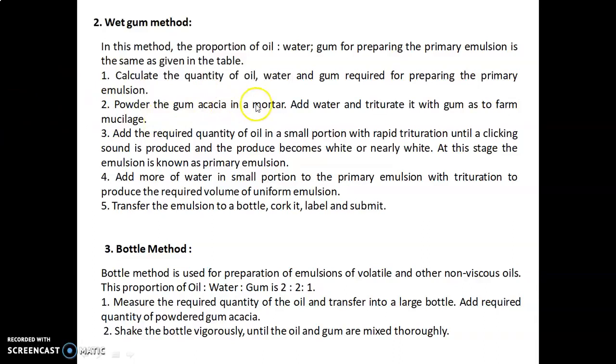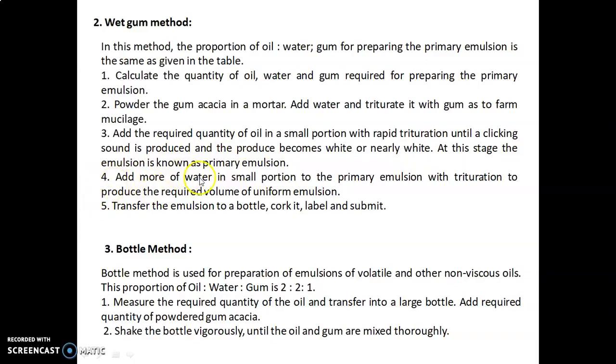Then powder the gum acacia in a mortar, add water and triturate with the gum to form mucilage. Third, add the required quantity of oil in small portions with rapid trituration until a clicking sound is produced and it becomes white or nearly white. At this stage, the emulsion is known as the primary emulsion.